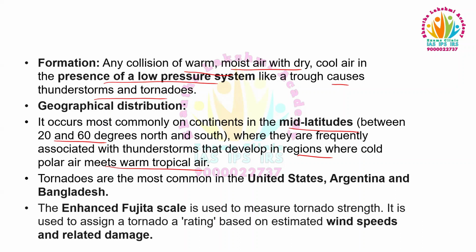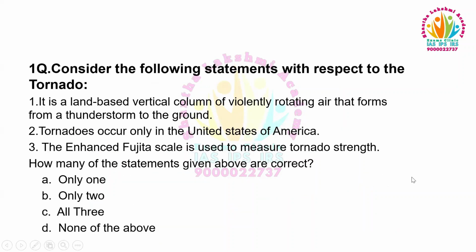Tornadoes are the most common in the US, Argentina, and Bangladesh. The Enhanced Fujita scale is used to measure the tornado strength. It is used to assign a tornado a rating based on estimated wind speeds and related damage. So the answer is only two, because tornadoes commonly occur in the US, Argentina and Bangladesh, not only in the US.